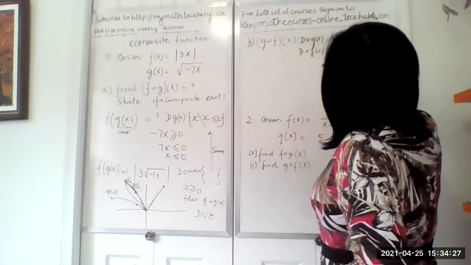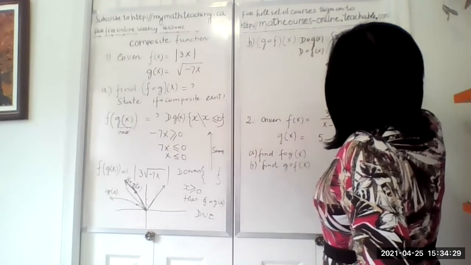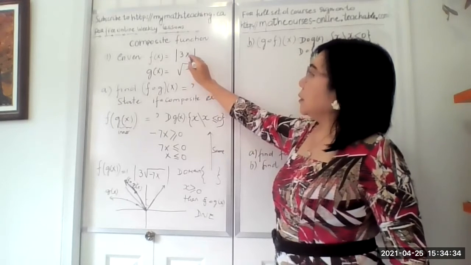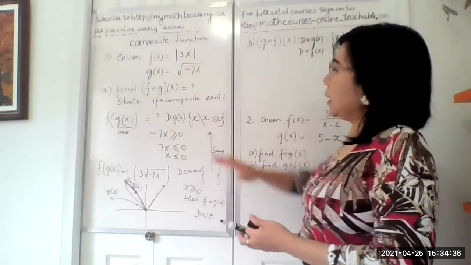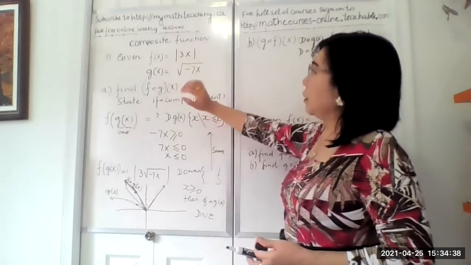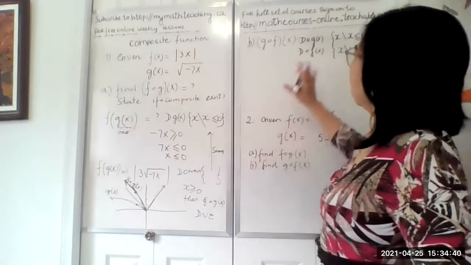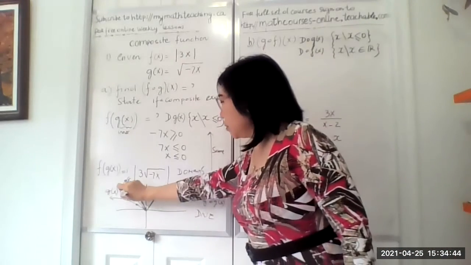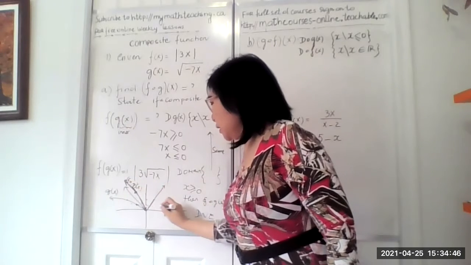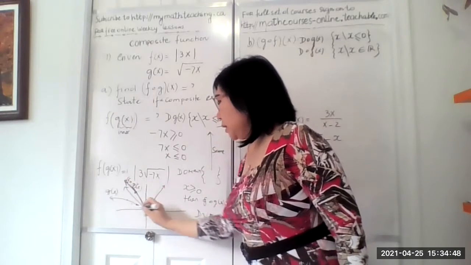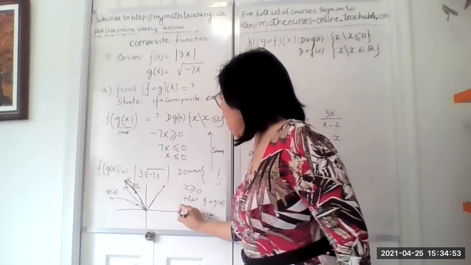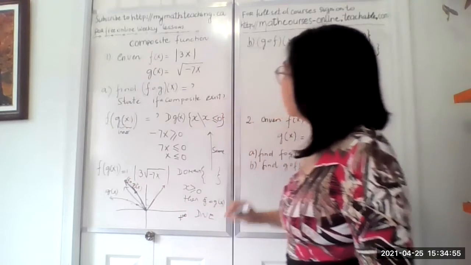X can belong to the real numbers, right? Because the x here can be negative as well, but after we take the absolute value, it becomes positive. You can see that the absolute value exists on both sides, so x can be negative or positive. So that is the domain of f of x.